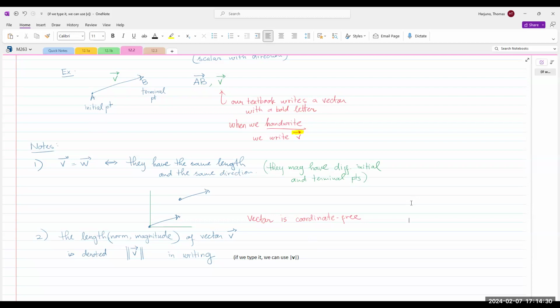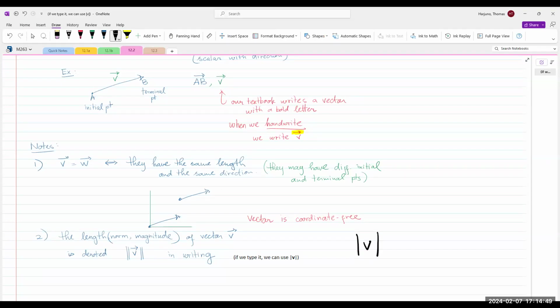Now the thing is, in the past, I think the first time I taught this class in 2007, I followed textbook notation and students got confused. What did they confuse it with? Because when they write the absolute value of V like this, they then think, oh, this is just a number. I mean, it is a number, but the way they think is that the thing inside is just a variable or scalar.